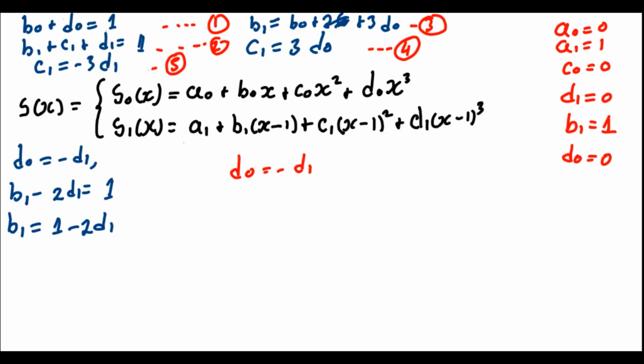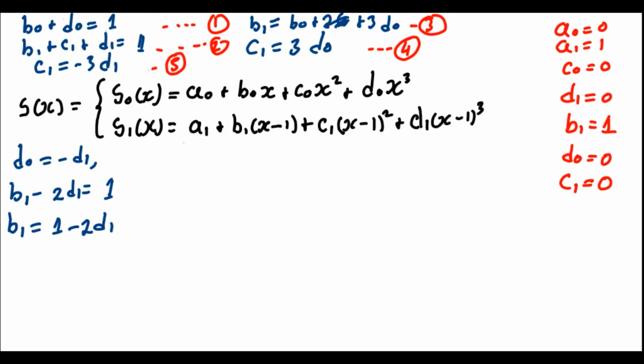So what else are we able to get there? Okay, about two are remaining. What about our c sub 1? Our c sub 1 is equal to 3d naught. If you plug in d naught, it simply means your c sub 1 is also equal to 0.